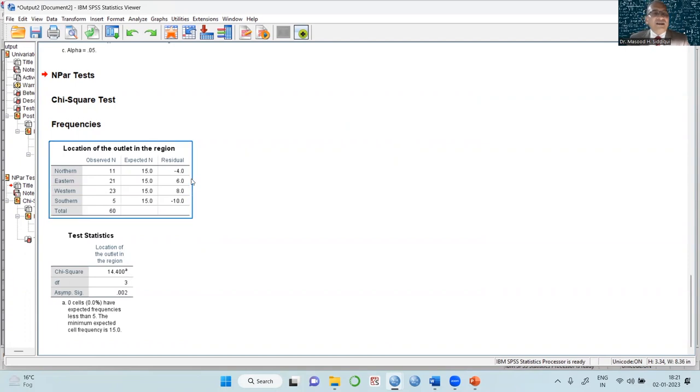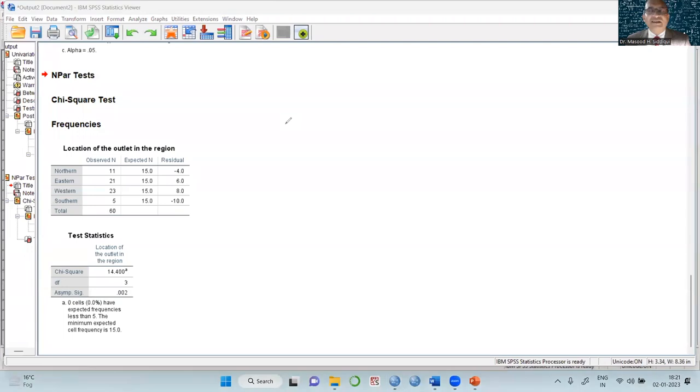Since we have taken the expected frequency as per H naught, we have 60 outlets in total, and if we divide by 4, we have 15 values for each category. So here we have the expected value, this is 15, 15, 15. And these are the residuals, that is Oi minus Ei.